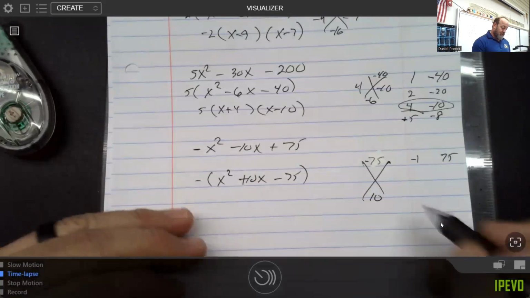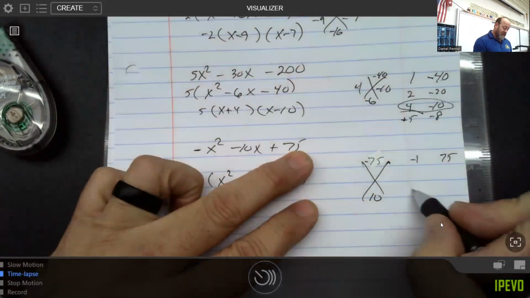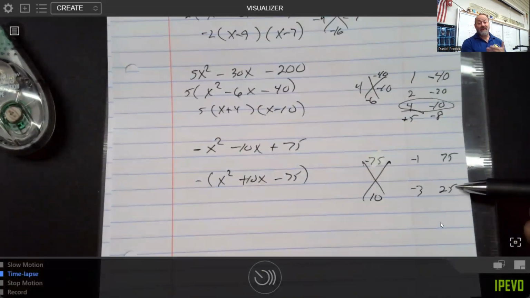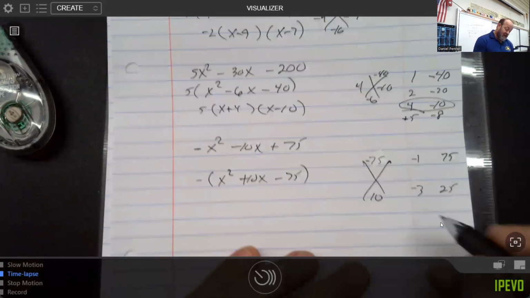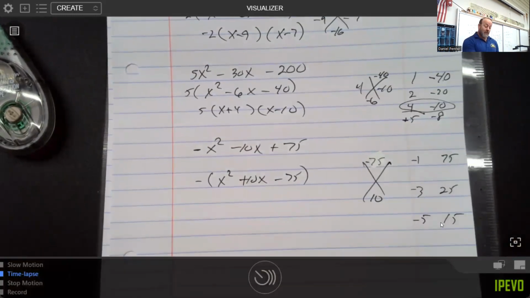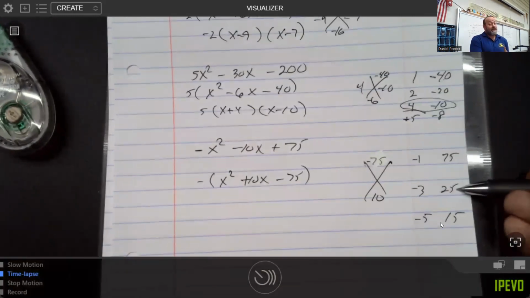And so it's like, well, obviously -1 times 75 isn't going to work. And I know that a lot of people go, oh, well, I know that 75 is 3 times 25. That's pretty good. But buried inside the number 25, clearly the number 25 is itself divisible by 5. So that means I can also do a 5. So since 25 is divisible by 5, then 5 is also going to go into the number 75 because 25 divides in.